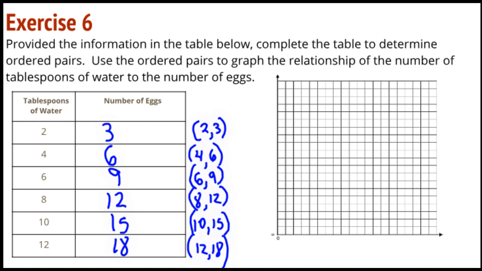All right, so let's see here. Well, I could do 2, 4, 6, 8, 10, 12. And this is, of course, the water in tablespoons. And this is the eggs.